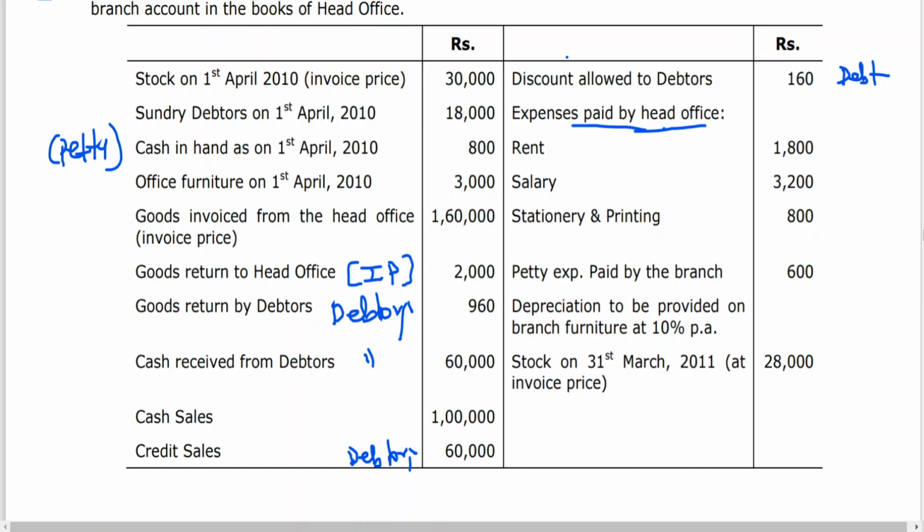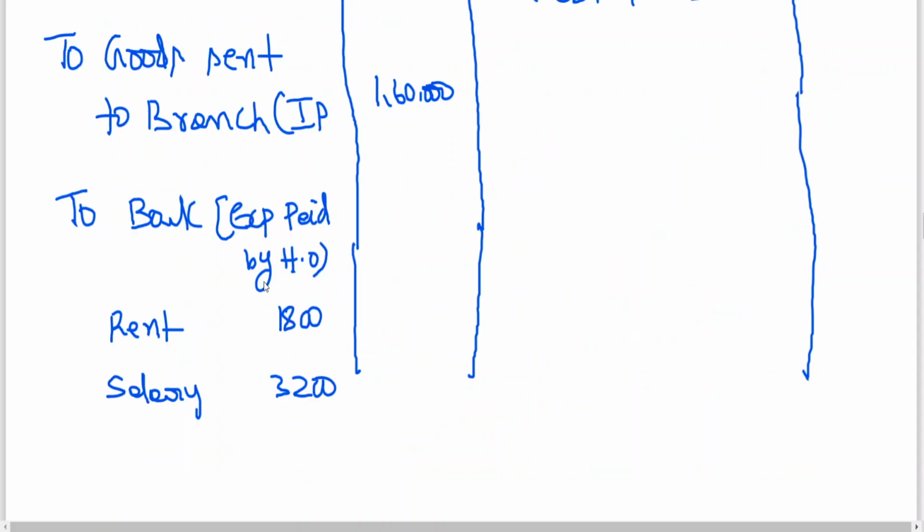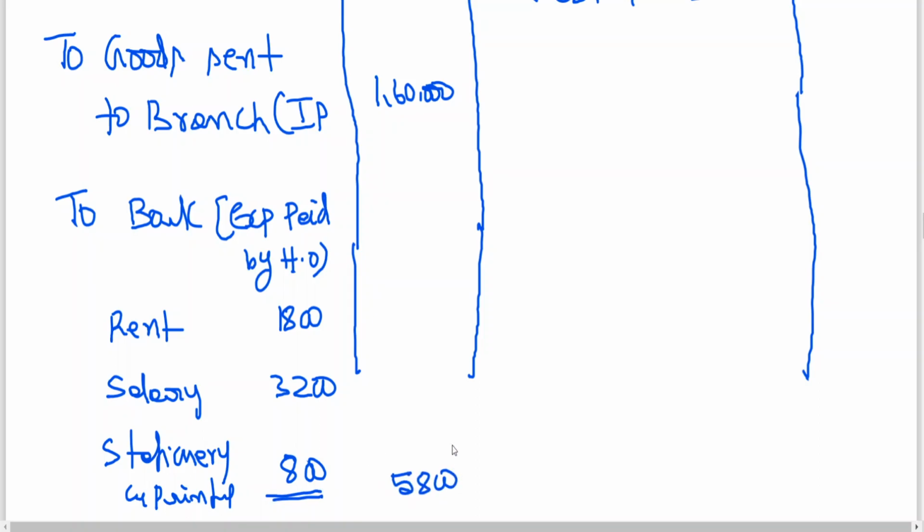Printing and stationery and printing 800. Okay, total it is coming to 5800.